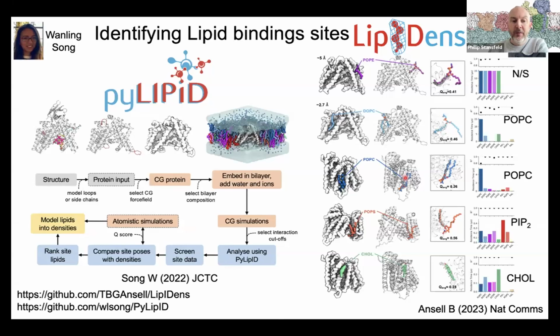From an analysis point of view, there are a couple of other packages that were developed in collaboration with Mark Sansom's group. Wanling Song, who was a postdoc within Mark's group, in collaboration with me, with Wellcome funding, was able to generate this PyLipID package, which allows the analysis of specific lipid interactions with a membrane protein.